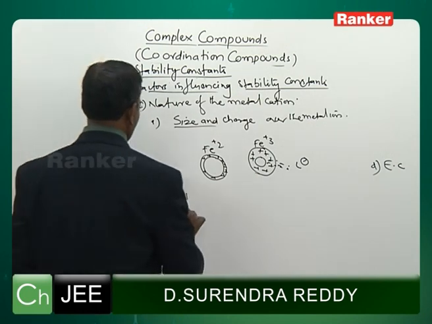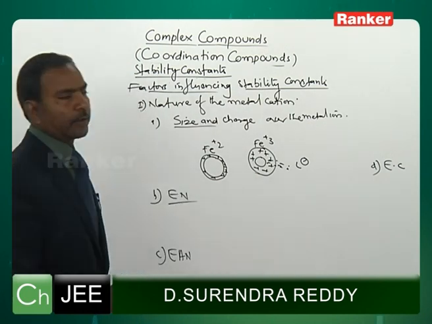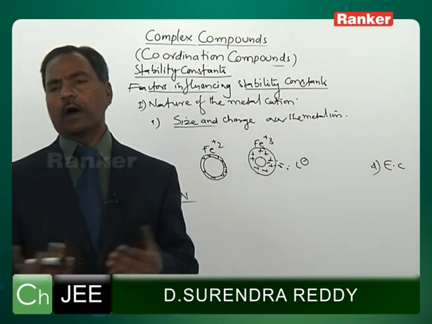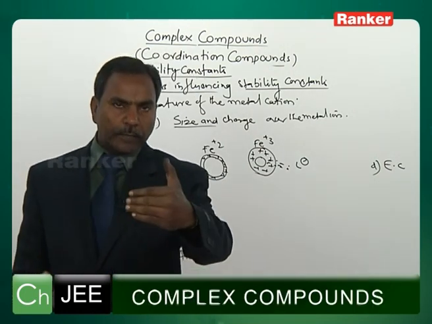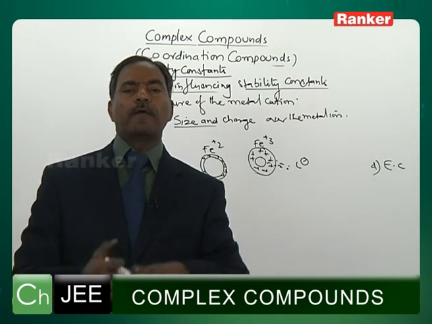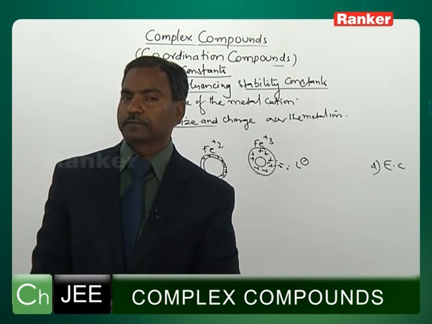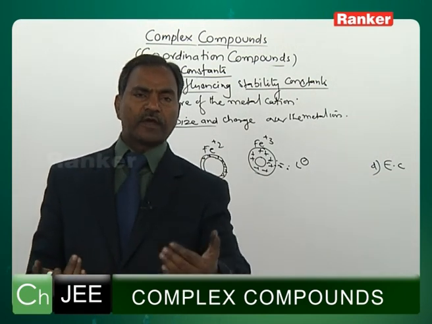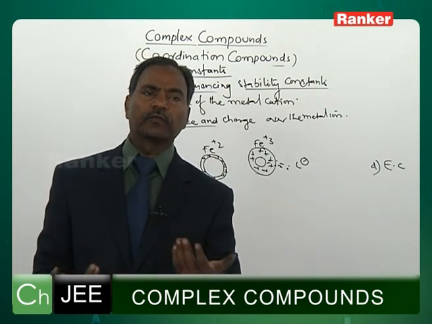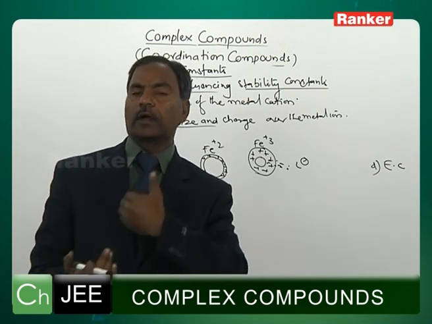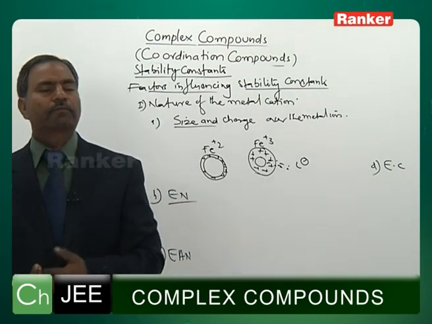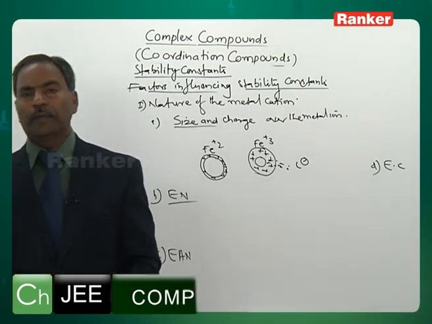Second one, electronegativity. What is electronegativity? The tendency to attract the donated pair of electrons, or the bonded pair of electrons, towards itself. A more electronegative metal ion easily accepts the donated pair of electrons from the ligand. Once it is easily accepting, the bond is easily formed, and we can say the strength of the bond will be high.